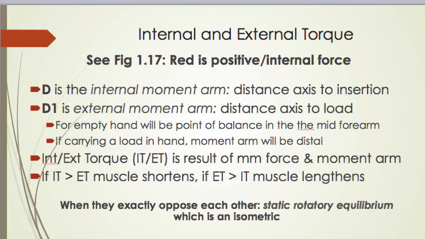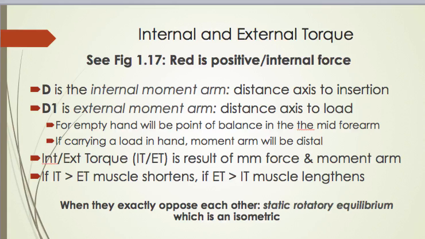So let's take a look next at figure 1.17, where red is the positive or internal force and black is the external or negative force. Okay, the external negative force is gravity or weight, and the positive force is our muscles, right?